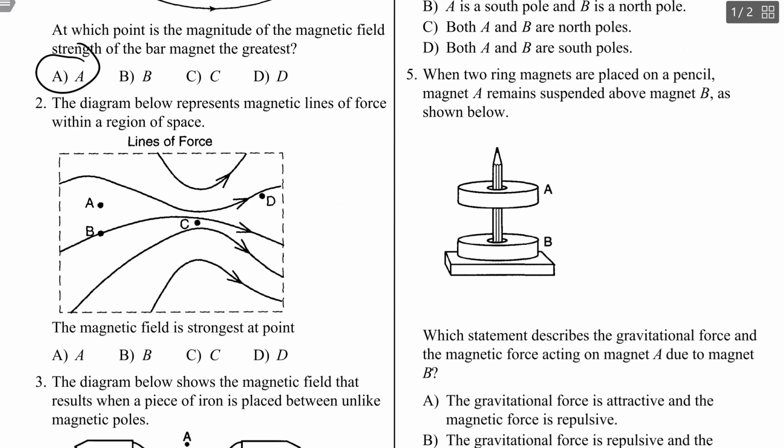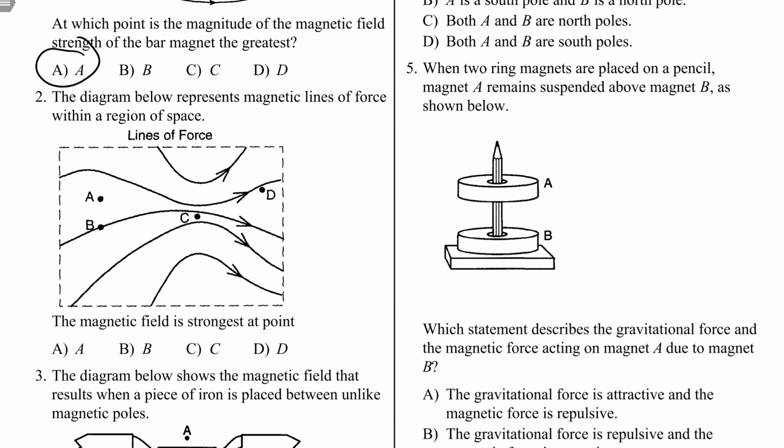All right, so number two, same concept. Where is the field the strongest? Wherever the lines are closest to each other, that's going to be choice C right here. The lines all start moving towards each other here, meaning that the field is stronger at that position. A lot of people try to pick B because they're like, well, B is right on the line, so isn't the field the strongest right on the line?